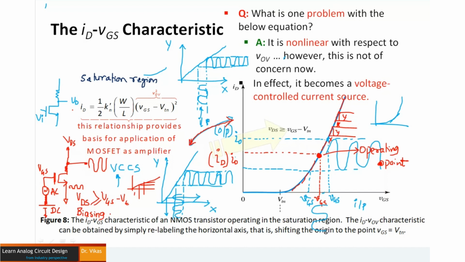So this is how the amplification process works. In detail, I'll talk about it later when we deal with the MOSFET as an amplifier itself. But this is a small glimpse of the amplification process and its fruitful outcome in terms of linearity.